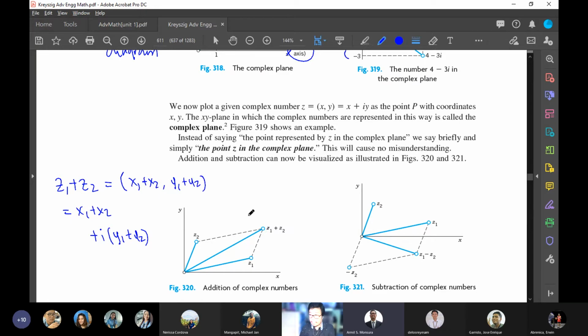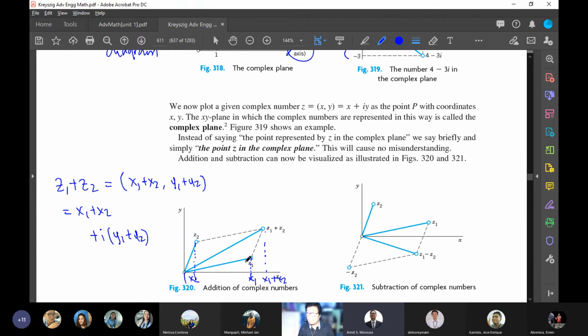If we put it here, that basically is getting the x coordinate of this one, x1, and then getting the x coordinate of this one, x2, and then adding them. So this number of units plus this number of units becomes this number of units, so that this becomes x1 plus x2.